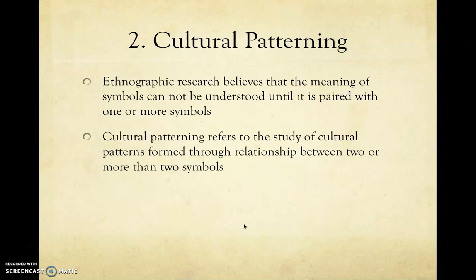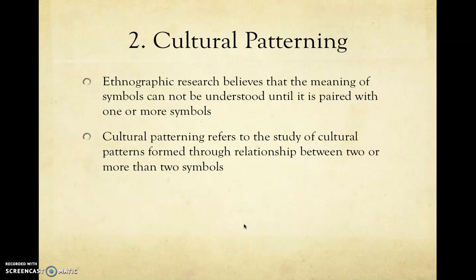The next important thing involved in ethnography is culture patterning. Culture patterning means that ethnographic research believes that the meaning of symbols cannot be understood until it is paired with one or more symbols. A single symbol has no meaning in that type of research. It demands a pairing, that is, the chaining of symbols.